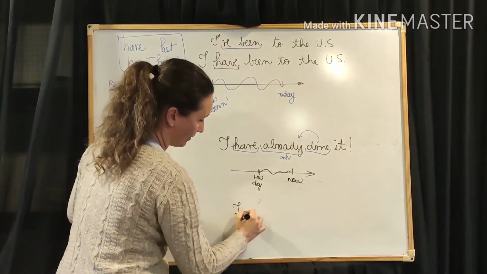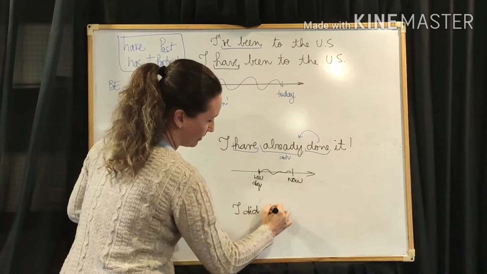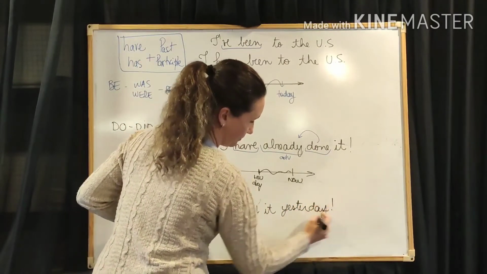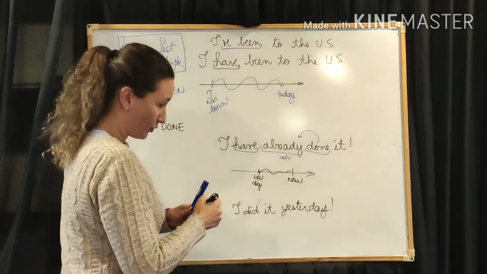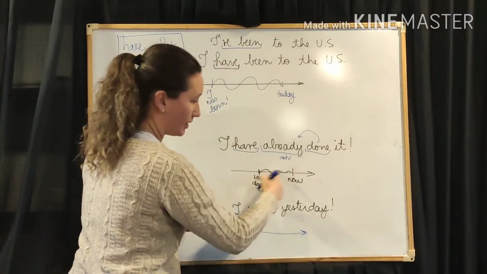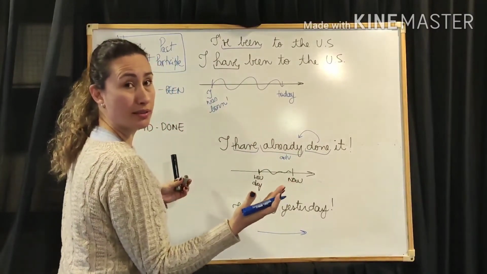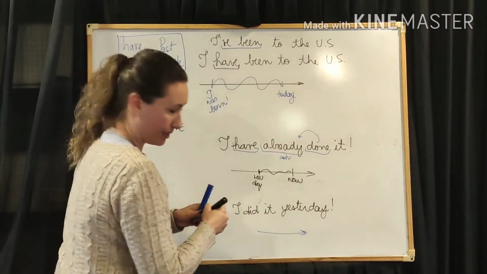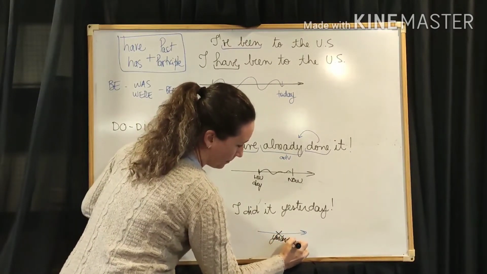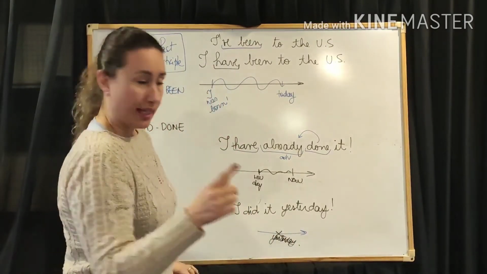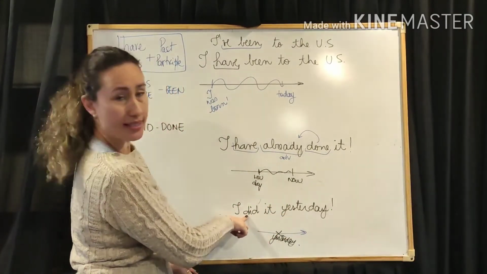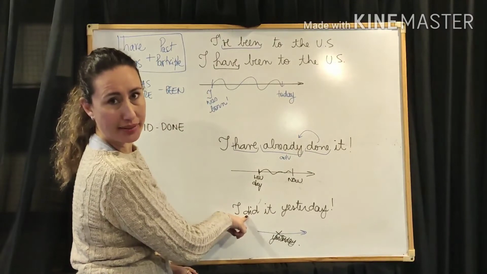But if I say, I did it yesterday. Now, if I imagine my timeline, it's not unknown, you know? Now it is situated, it is here, yesterday. So, if it is situated in the past, it is past, okay?